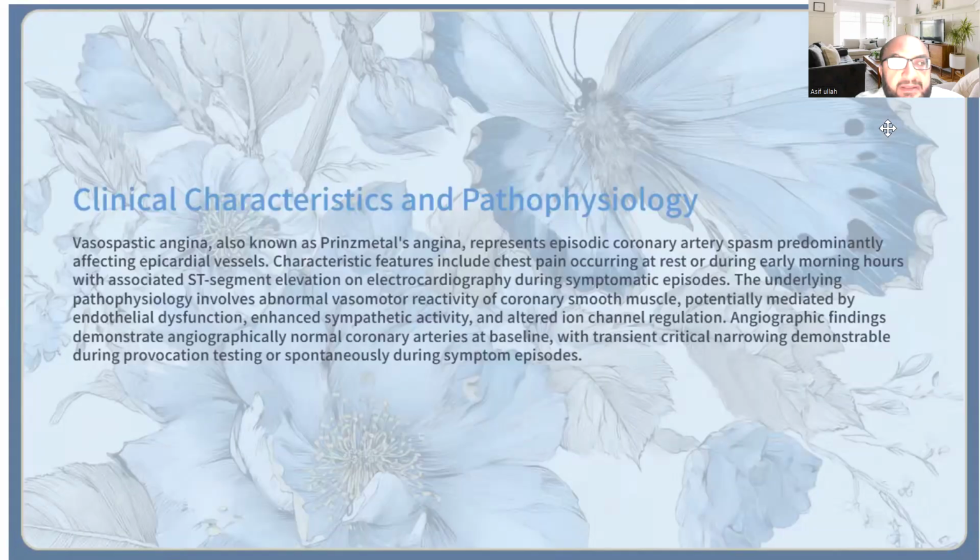Vasospastic and Prinzmetal angina. Coronary artery spasm during exertion or at rest, especially in the early morning hours, with ECG changes, and abnormal vasomotor activity of coronary smooth muscle, potentially mediated by endothelial dysfunction, enhanced sympathetic activity, and altered ion channel regulation.